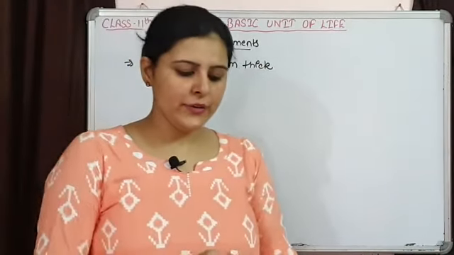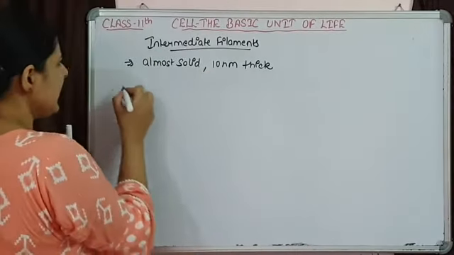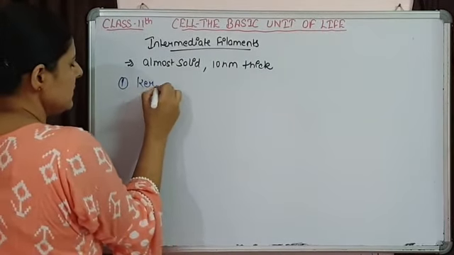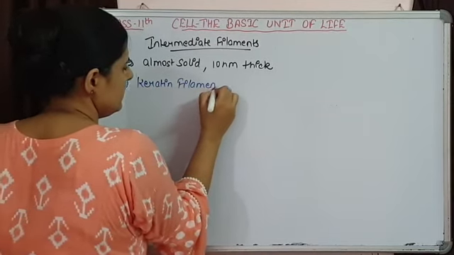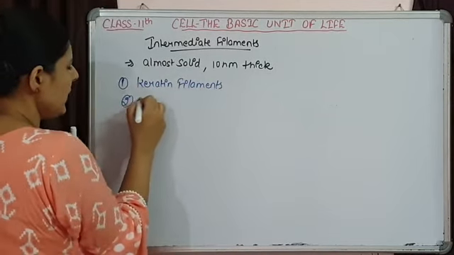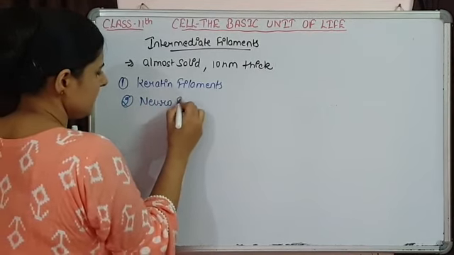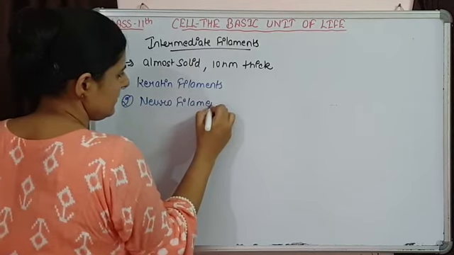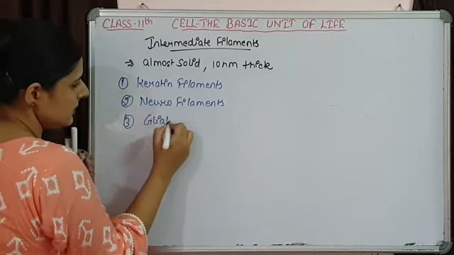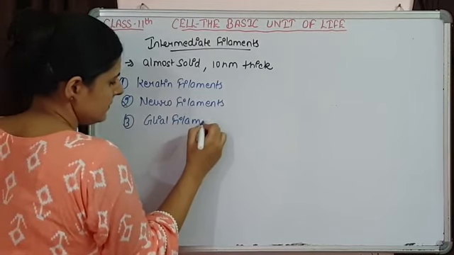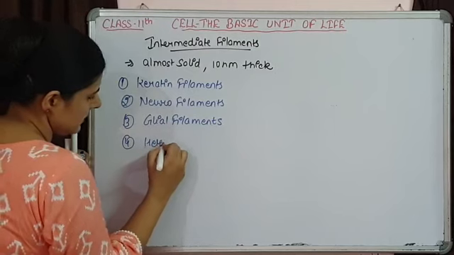These intermediate filaments are of various types, like keratin filaments, neurofilaments, glial filaments, and heterogeneous filaments.